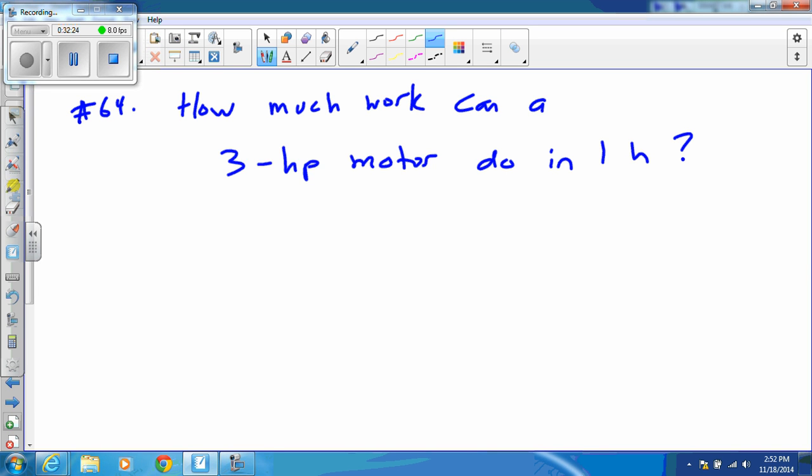This will require a little bit of looking things up and a little bit of calculating. Go. A 3-horsepower motor. What's a horsepower again? That's what you're going to look at.